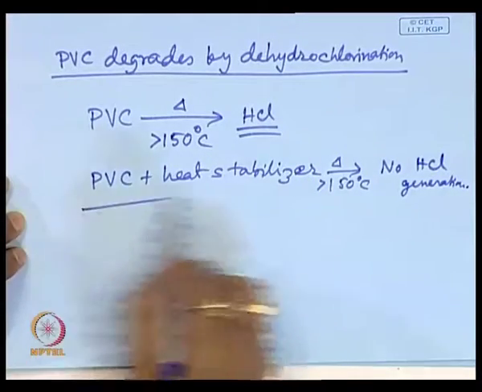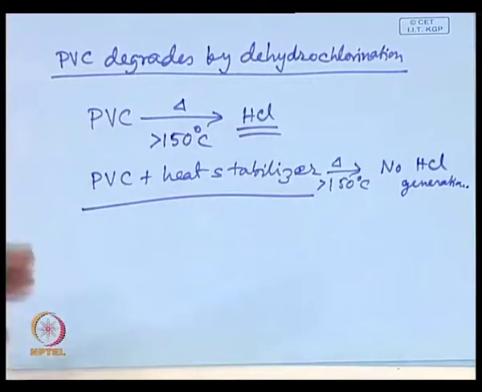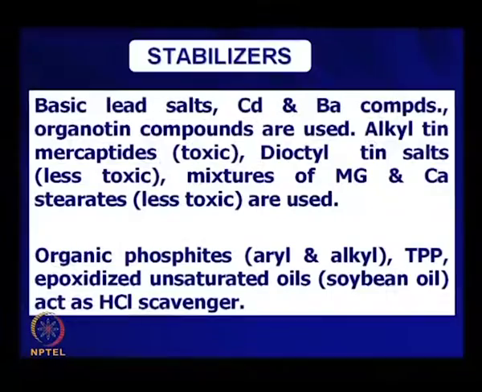So, using some heat stabilizer PVC can be protected, PVC degradation can be prevented. So, these are basic lead salts, cadmium and barium salts, organotin compounds. These prevent dehydrochlorination of PVC.